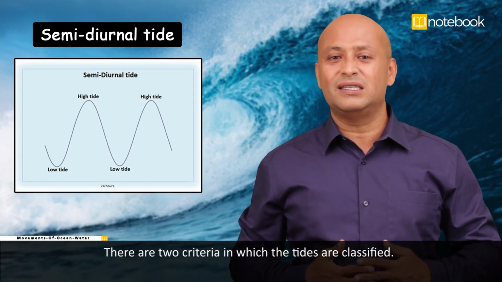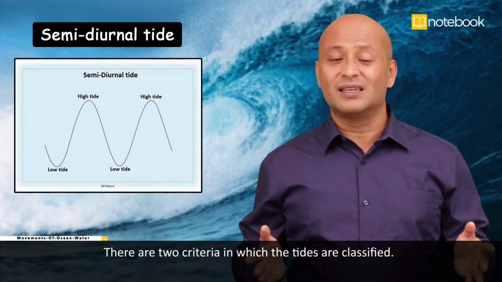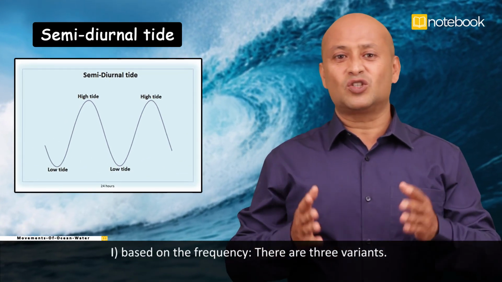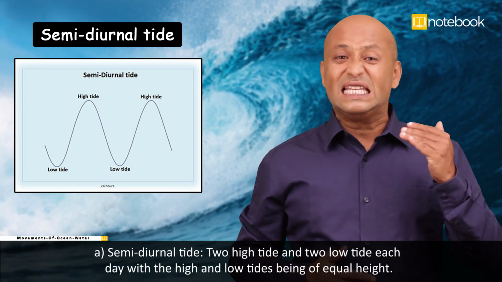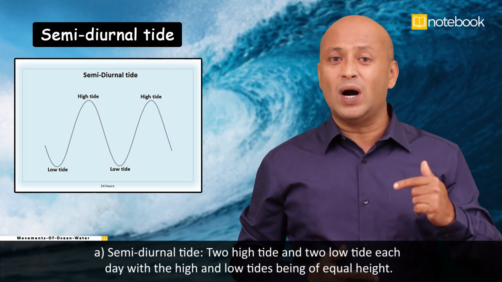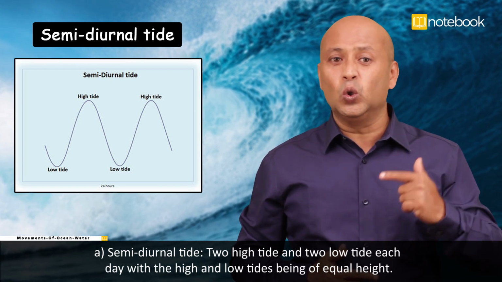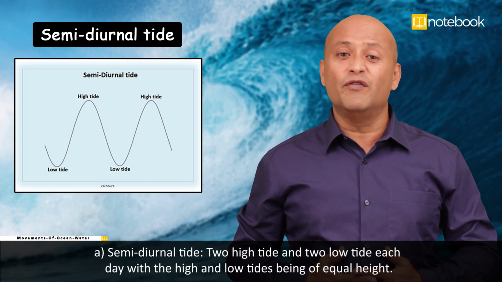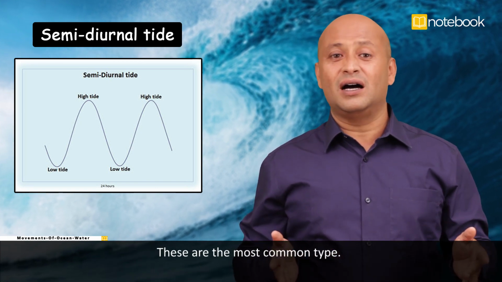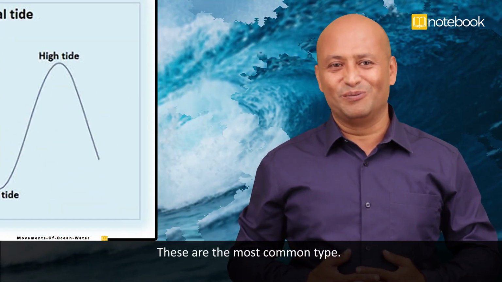There are two criteria by which the tides are classified. Based on the frequency, there are three variants. A semi-diurnal tide: two high tides and two low tides each day, with the high and low tides being of equal height. These are the most common type.